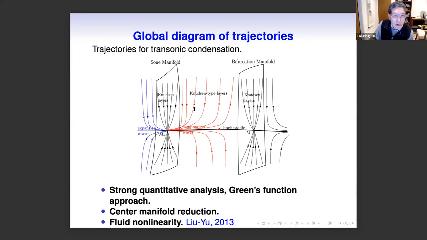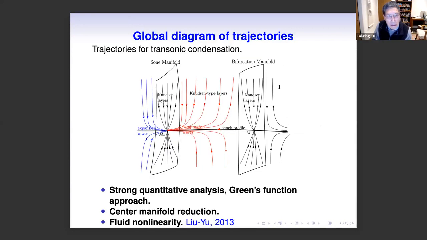Now there's an interesting bifurcation here. You see that if you are on the right, you get the compression wave, you get the expansion wave. And if you are on this part, you either go to the right or you go nowhere, and there's no stationary flow there. So this is a bifurcation manifold.